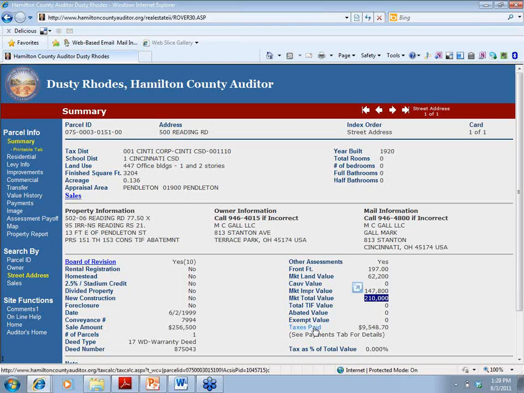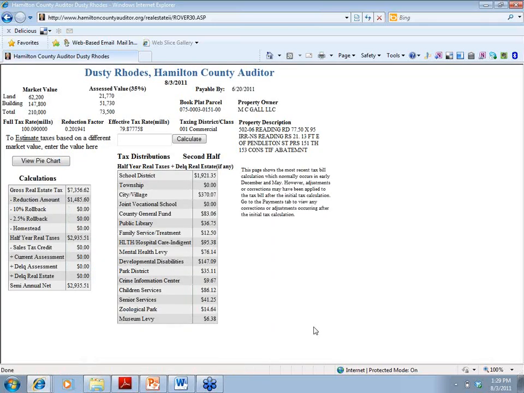Here are the taxes. And you can do this for any property, whether it's a new property, an old property, in an incorporated area, in an unincorporated area, wherever that may be. So again, here is the tax calculation. We have 62,000 land value, 147.8 building value.